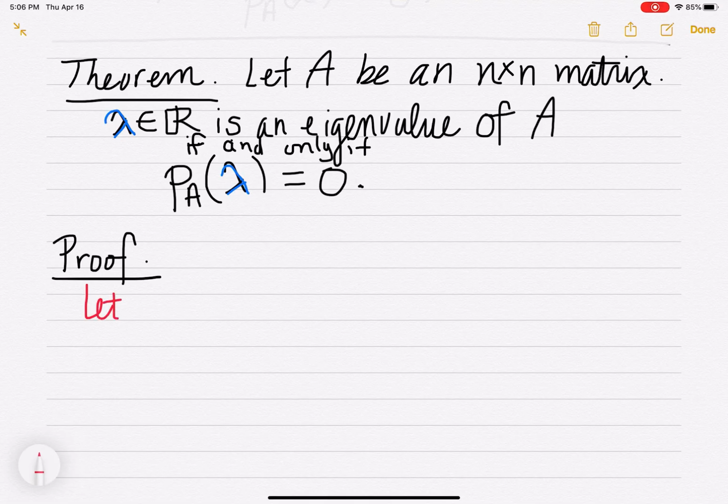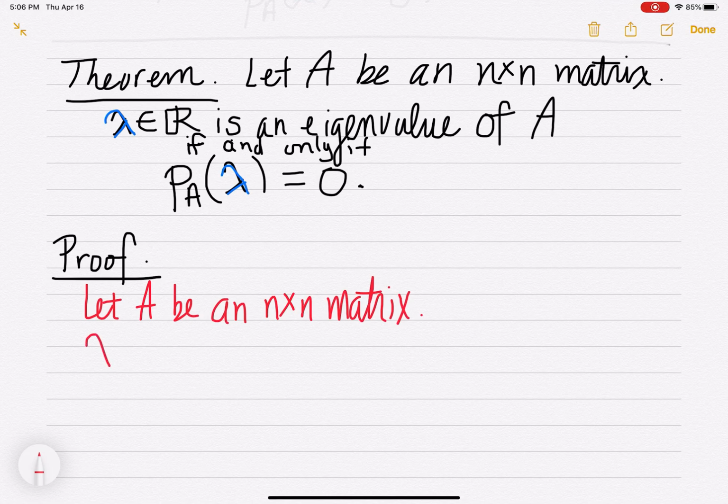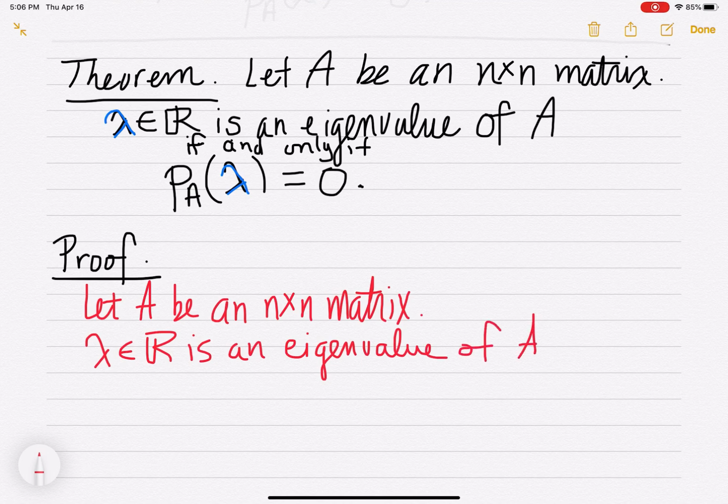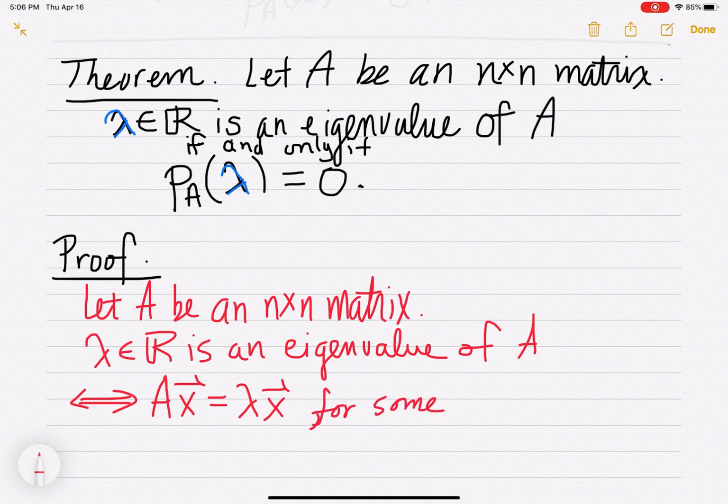Lambda, a real number, is an eigenvalue of A. What does that mean? That's equivalent to saying A times some non-zero vector x equals lambda x, for some non-zero vector x.